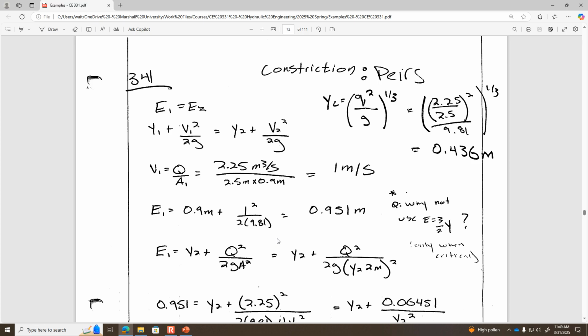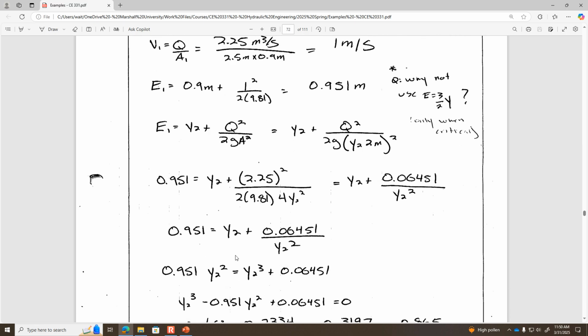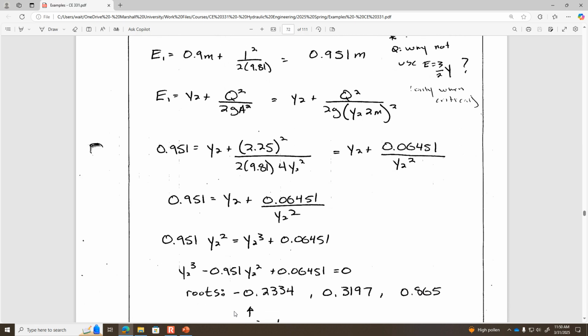Remember, we're neglecting any losses here through the constriction. And so if the specific energy at 1 is equal to the depth and velocity head at 2, the only unknown here is Y2. And we find the cubic equation, and there are 3 routes. The negative one, which we reject, a supercritical route, and a subcritical route.